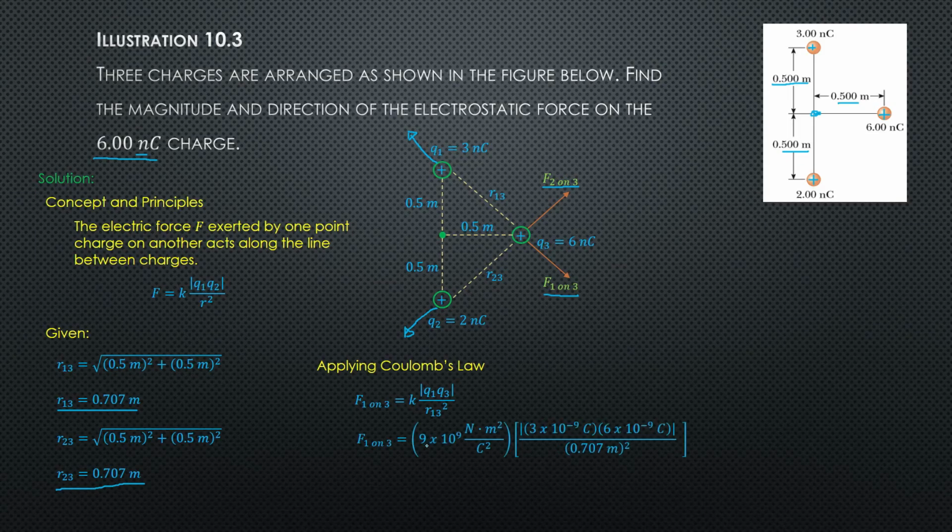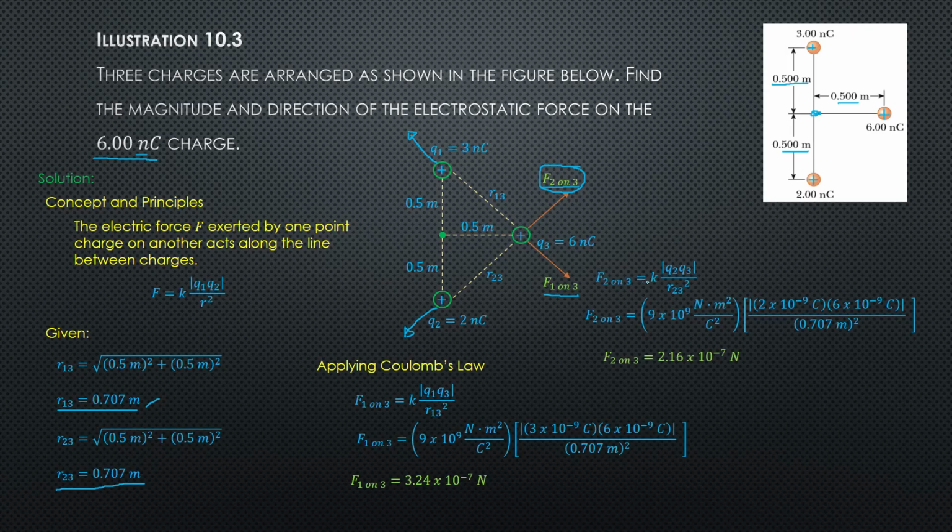Substituting the values, this is the proportionality constant, 9 times 10 to the 9. Charge 1 is 3 nanocoulomb, charge 3 is 6 nanocoulomb, and they are positive. The distance between them is 0.0707. Simplifying that, you'll have 3.24 times 10 negative 7 newtons. A similar procedure is used to solve for the force on charge 3 by charge 2.